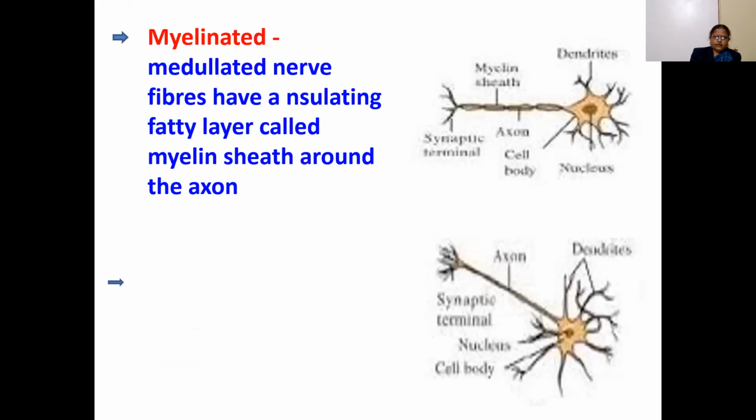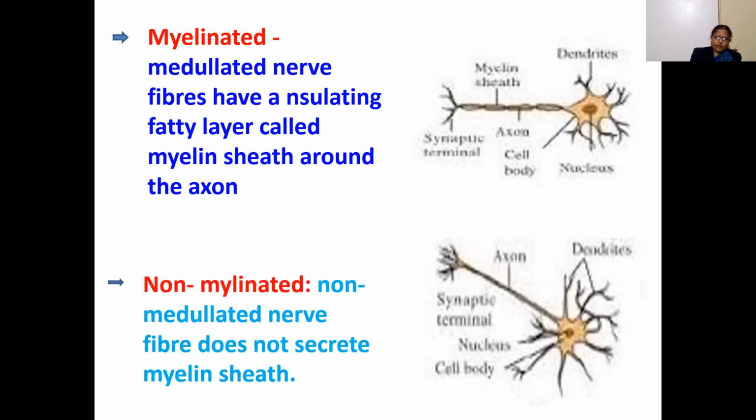Medullated nerve fibers have an insulating fatty layer called myelin sheath around the axon, hence the name myelinated or medullated. Non-myelinated, also called non-medullated nerve fiber, does not secrete a myelin sheath.